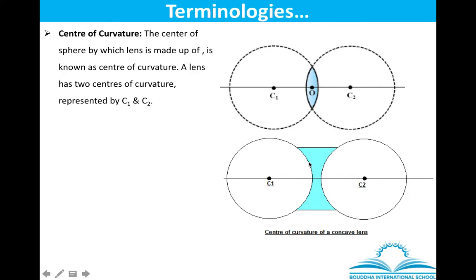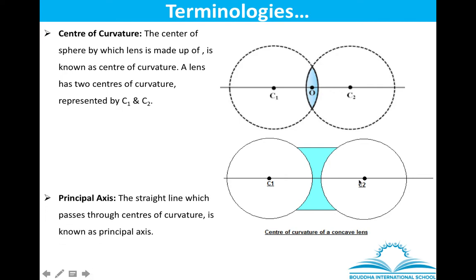You can see here in convex and concave lens, they are made of two spheres, and if there is a sphere, then there are two centers as well. Those centers of the spheres by which the lens is made up of are known as centers of curvature. It means one lens has two centers of curvature, which are given the names C1 and C2.